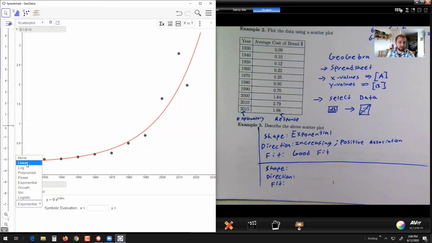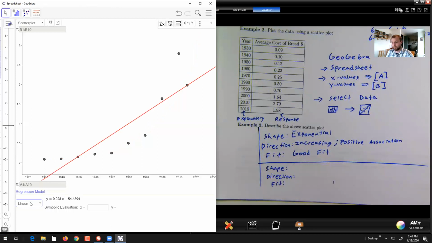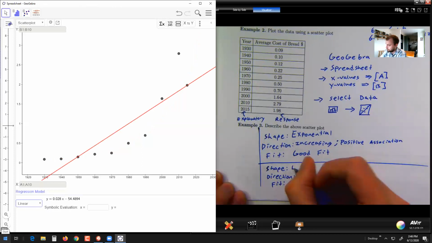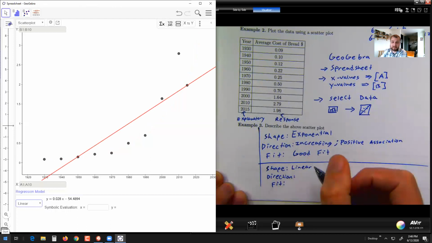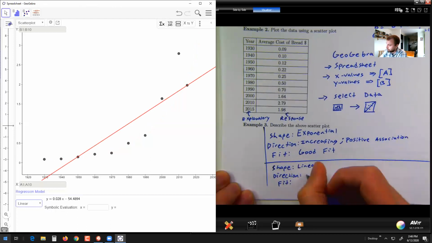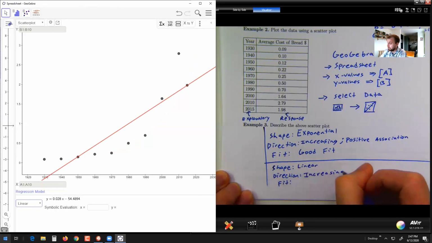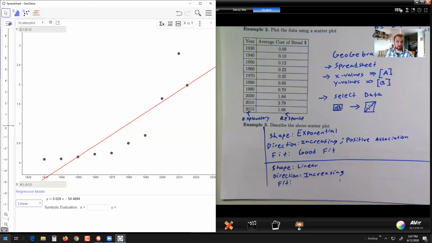So let's say we think maybe it's linear. In this case, it's still increasing, or there's a positive association. As far as the fit is concerned, not awesome.